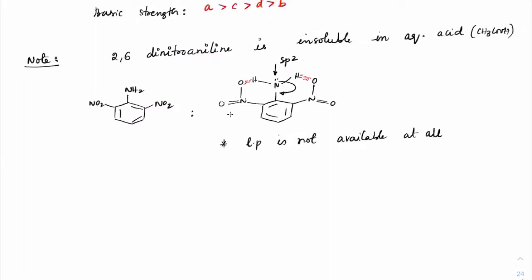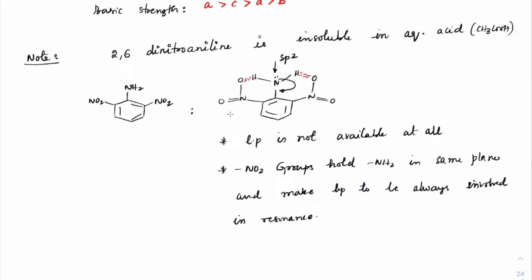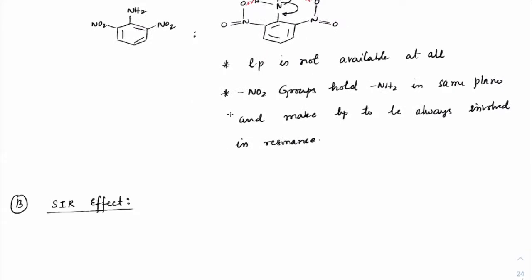And the second important point is the NO2 groups hold NH2 in the same plane. That's the main reason for being insoluble in aqueous acid. Make a note, everyone. Because here the steric effect is about repulsion, right? Here on the contrary, it is an attraction.